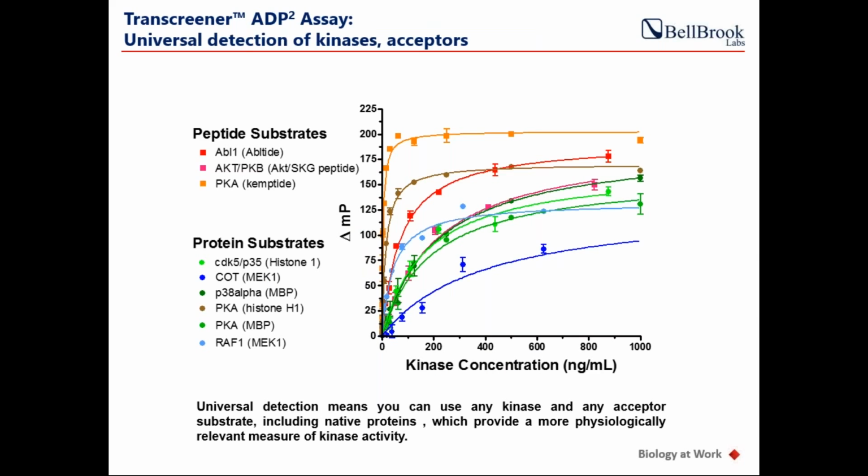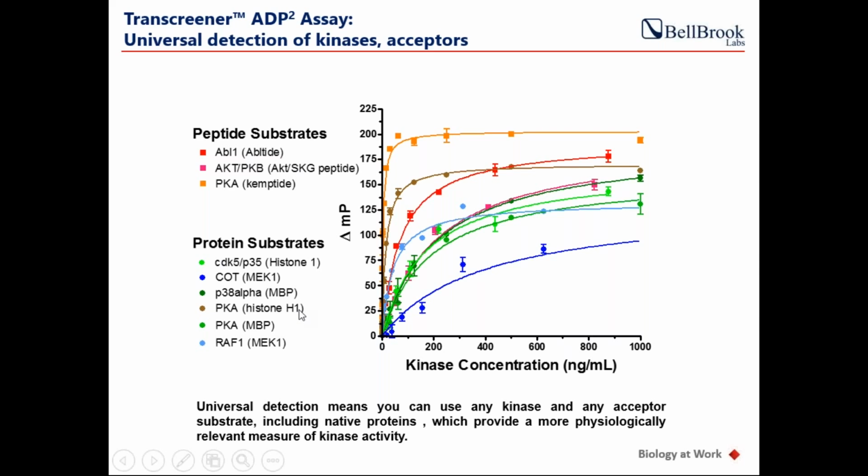And of course, because we're detecting ADP and not the phosphorylated product, it's a universal assay with respect to the type of acceptor substrate that you can use. Here we're using a number of different protein kinases with either peptide substrates or full-length protein substrates.